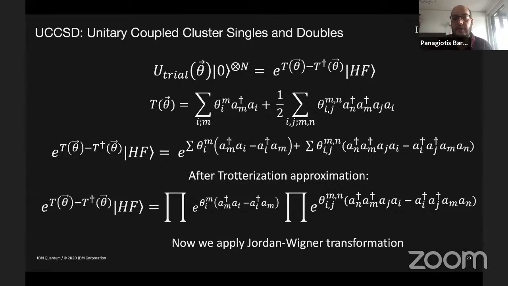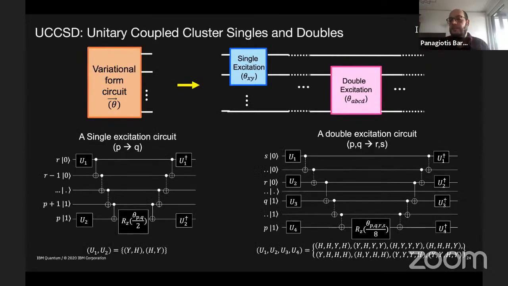Then applying the Jordan-Wigner transformation to this, you end up with circuits that have the form that you see here. It's clear that for the single excitations, you have these ladder operations of CNOTs, where the CNOTs are consecutive CNOTs between the neighboring qubits, for the excitation of the occupied orbital P to a virtual orbital R. This circuit needs to be repeated 2 times for every single excitation.